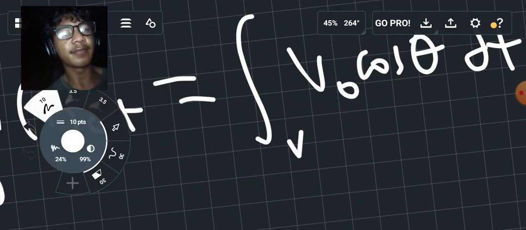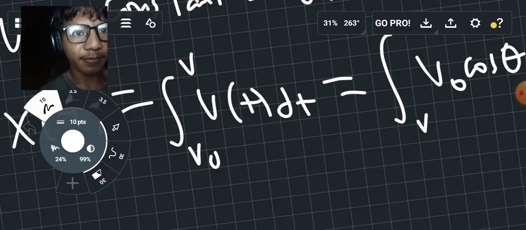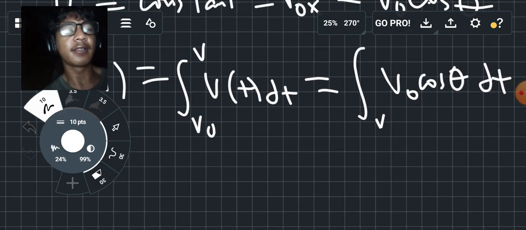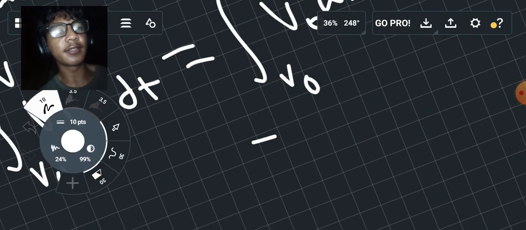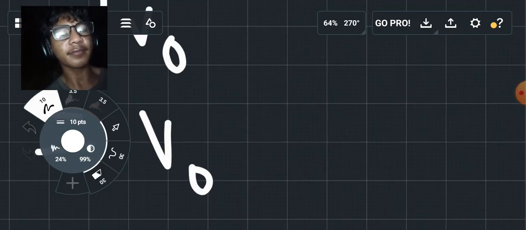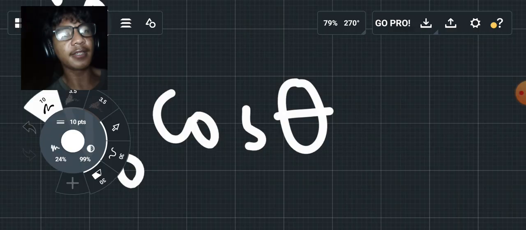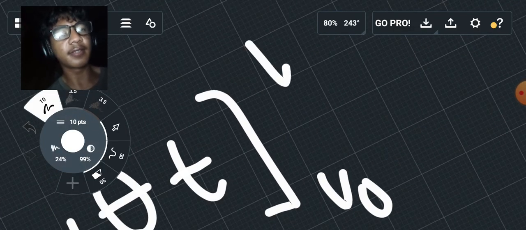Is my bounds correct? Hmm. Yeah, I think so. We'll see. So integrating a constant gives itself times time, v naught cosine theta times time, and then that's v naught and v.